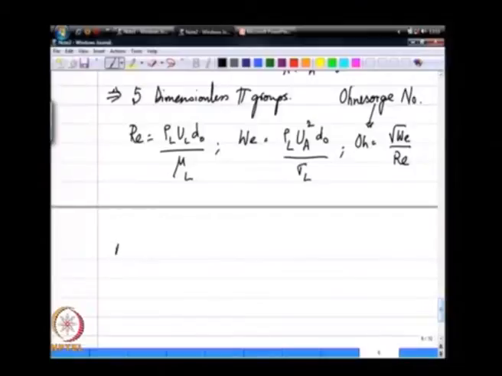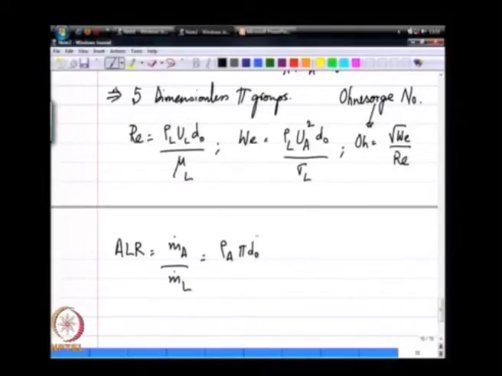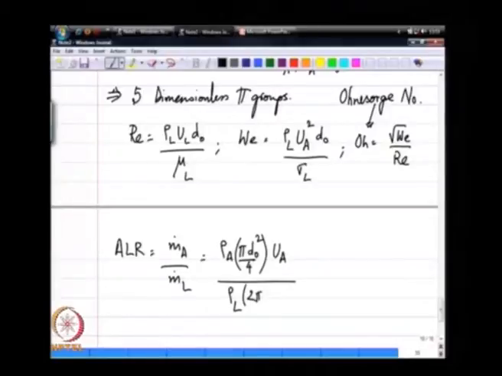The first one that is important here is what is called the air to liquid ratio, which is the mass flow rate of air to the mass flow rate of the liquid, which in terms of the liquid densities and liquid velocities can be written in that form, although it is easiest to treat this group in terms of the mass flow rates itself, because this is directly measurable.